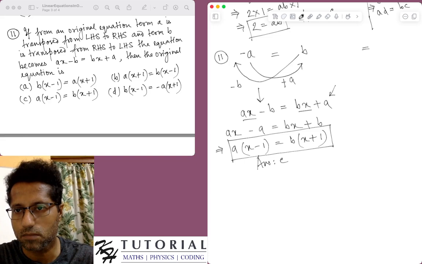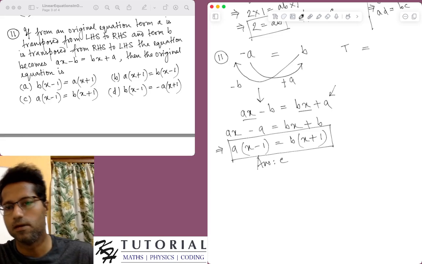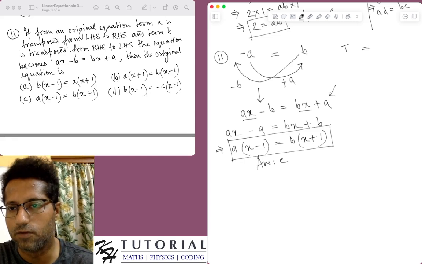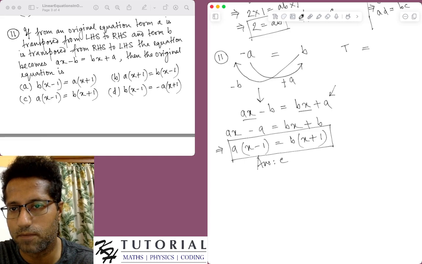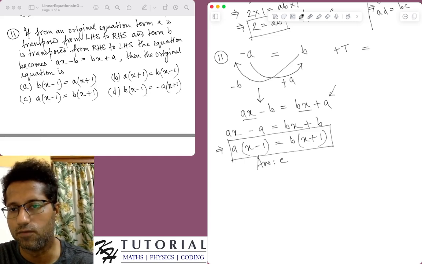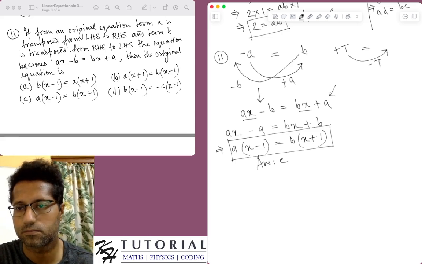So the concept is that if there is a term, let's say t, and whatever this term is, it could be a constant or a variable. If this was plus t in the LHS, and you transpose this to the right hand side, it will become minus t.